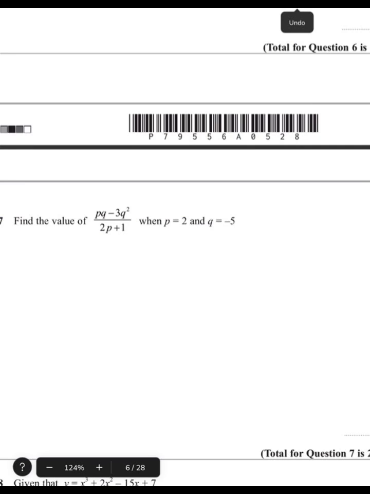Find the value of this expression when p equals 2 and q equals minus 5.